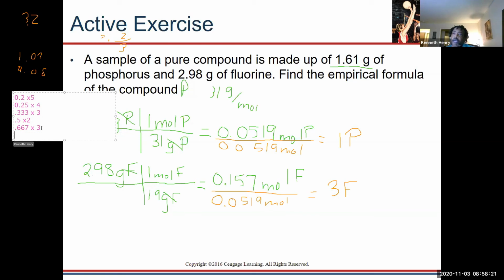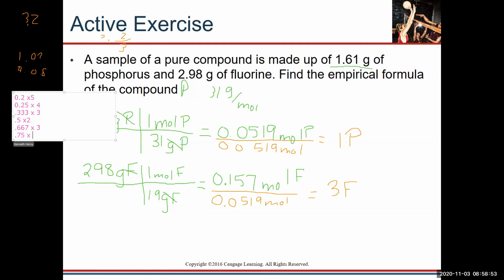Okay, and if I have 0.75, what can I multiply 0.75 by to get a whole number? The smallest I can multiply it by. 4.